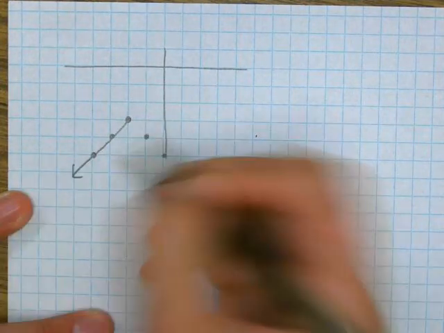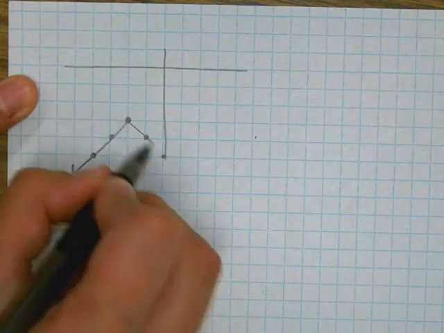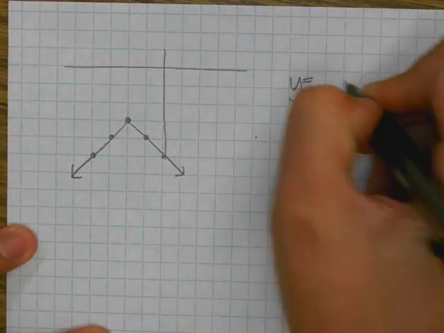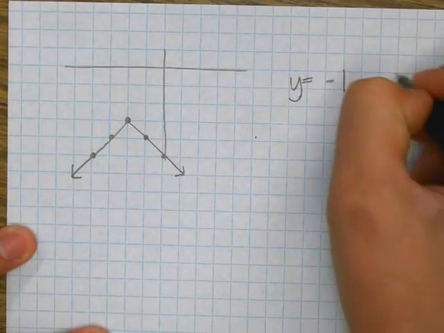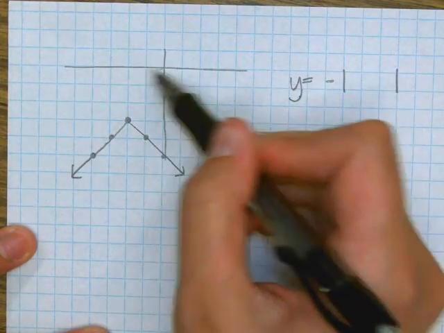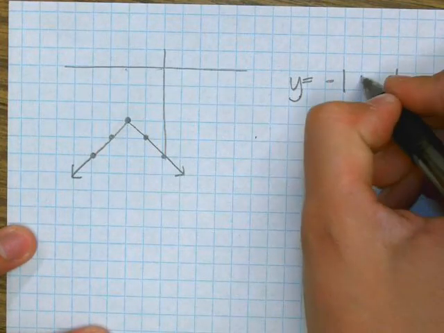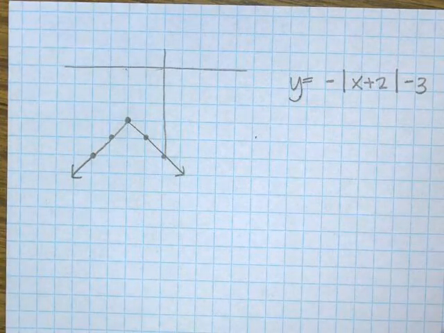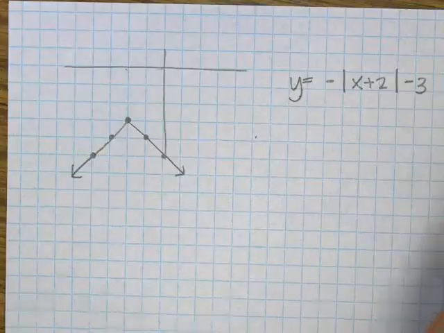So absolute value graphs, if you recall, they are perfect V's like this. And the equation for this absolute value graph is negative because it's flipped upside down, left 2 down 3, so x plus 2 and then down 3. So that is the equation of the absolute value graph.